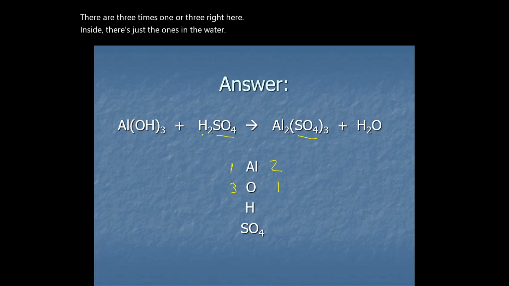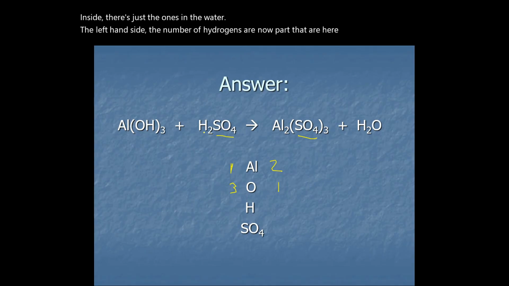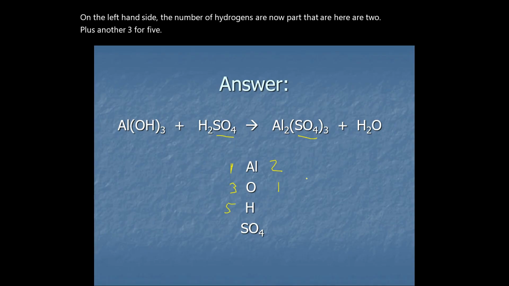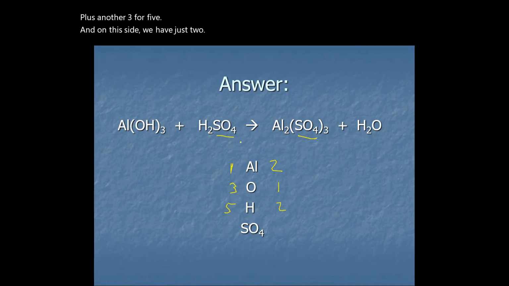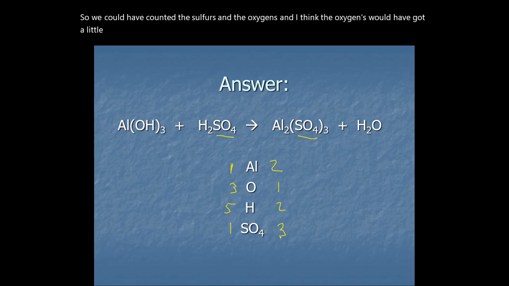On the left-hand side, the number of hydrogens are 2 plus another 3 for 5. And on this side, we have just 2. Now, our sulfates. On this side, we have 1 sulfate. On this side, we have 3. We could have counted the sulfurs and the oxygens, but the oxygens would have gotten a little clumsy. So we'll give that a shot.